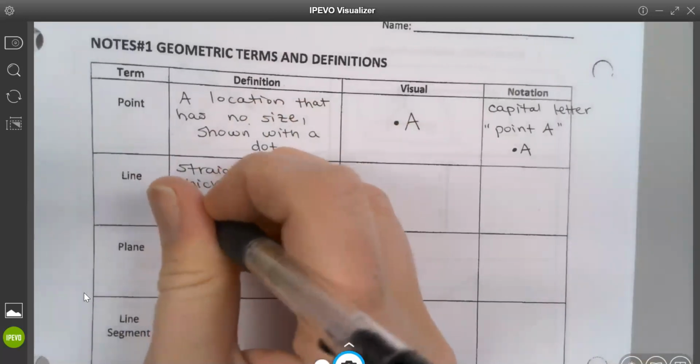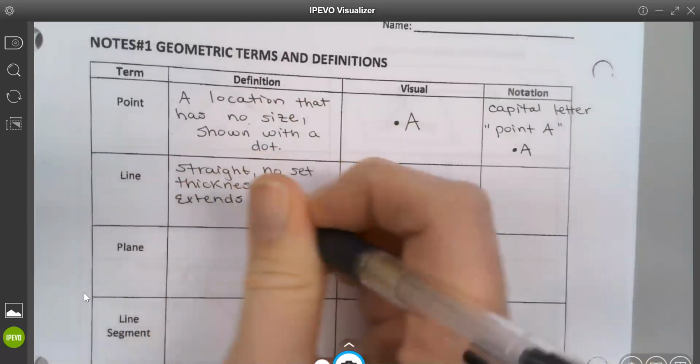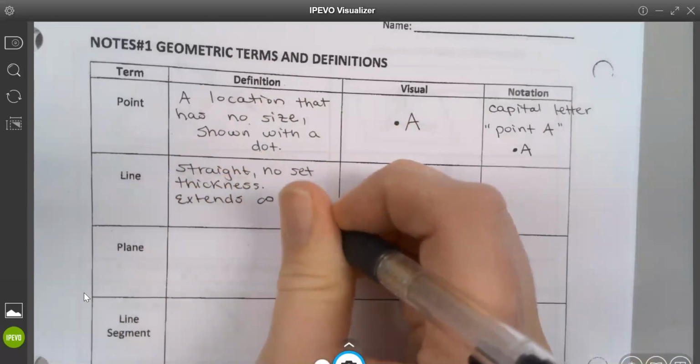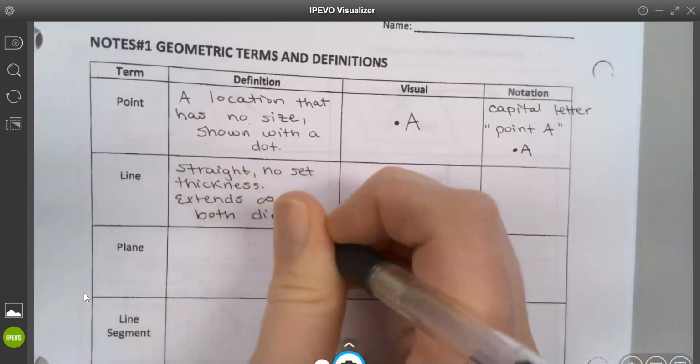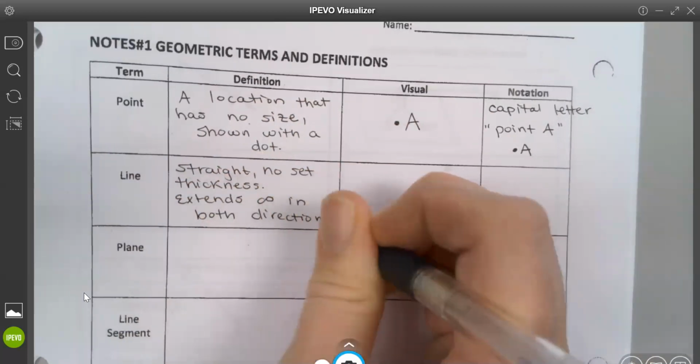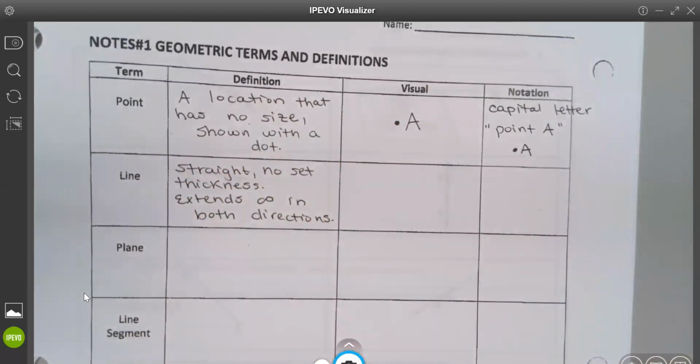And it extends, we do talk about this, infinitely in both directions. And we talk about that in algebra. That's an infinite symbol. Extends infinitely in both directions.